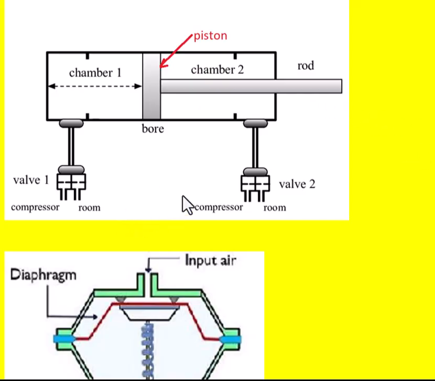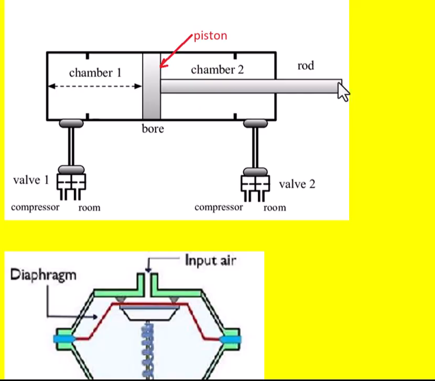Once again, valve 2 is closed and valve 1 is opened so that it releases the high pressure air into the chamber 1, and this high pressure air will move the piston from left to right, so that the piston rod will go beyond the cylinder to show its work performance.